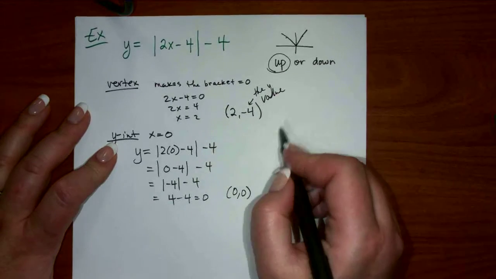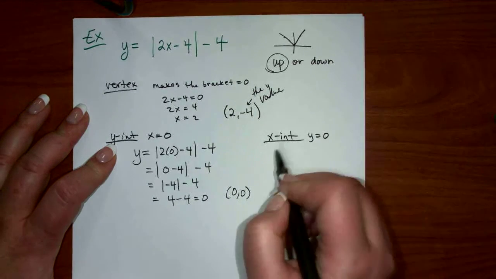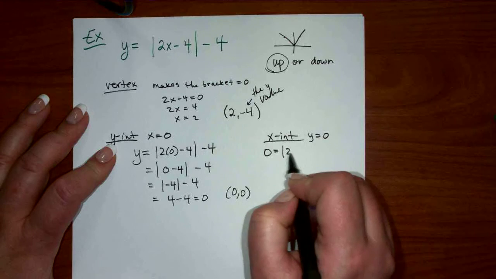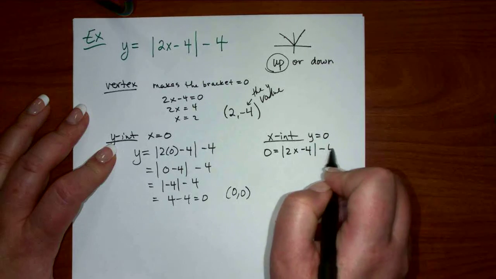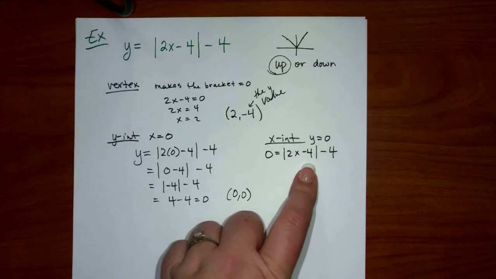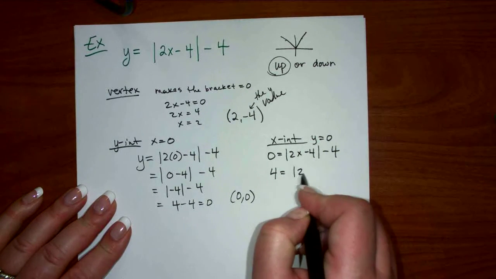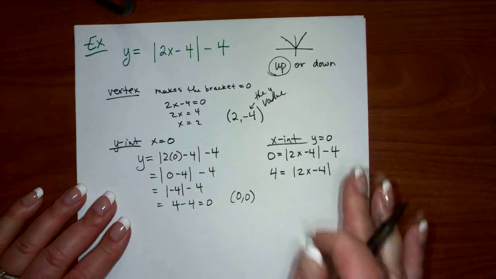So the x-intercept, we let y equal 0. Just like with every other one except the parabola, which we expand to factor or use quadratic, every other one we do this. Put one of these on the other side. So let's move the 4 over. And then we solve. But each one is a little bit different.